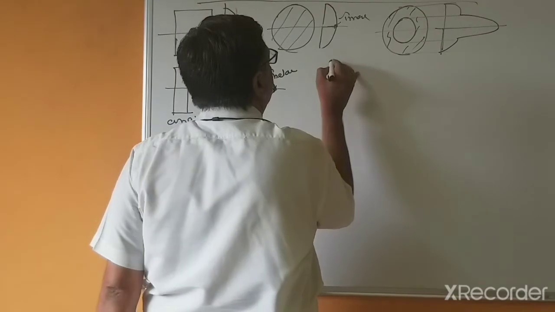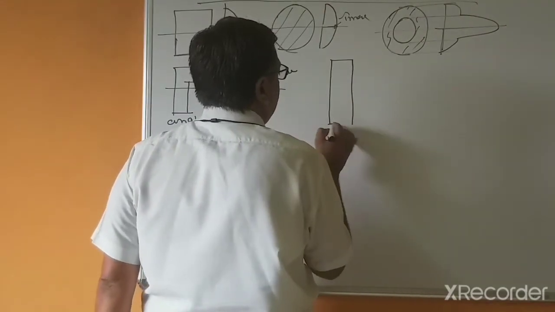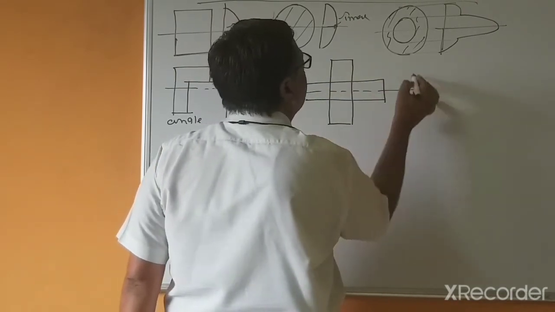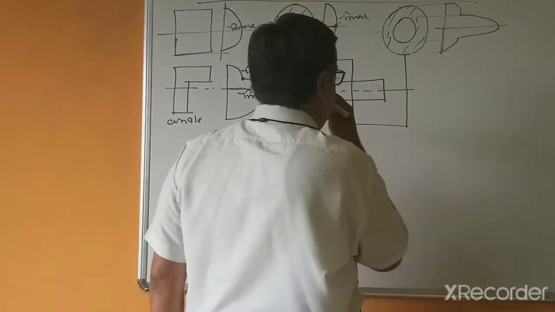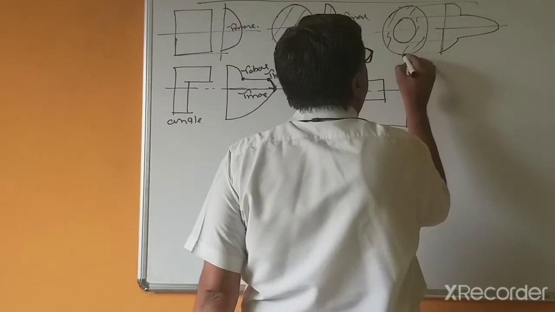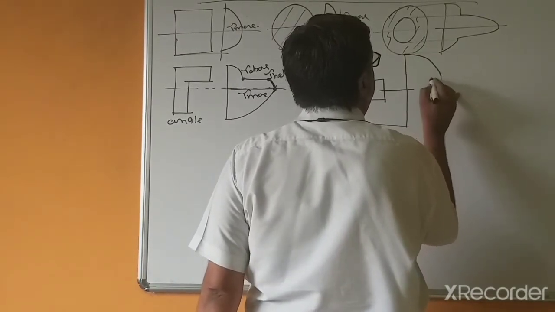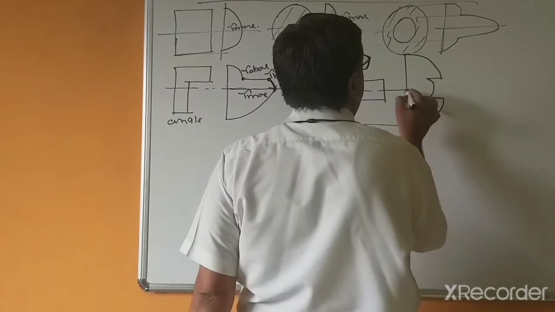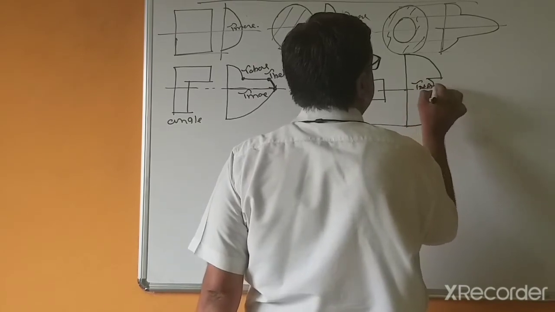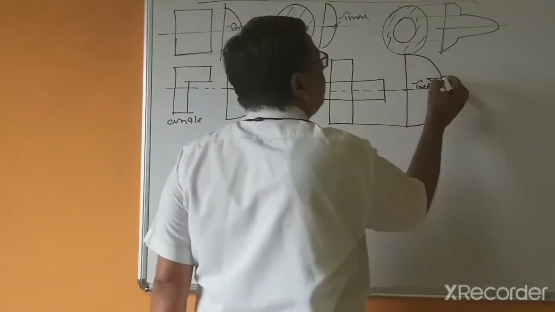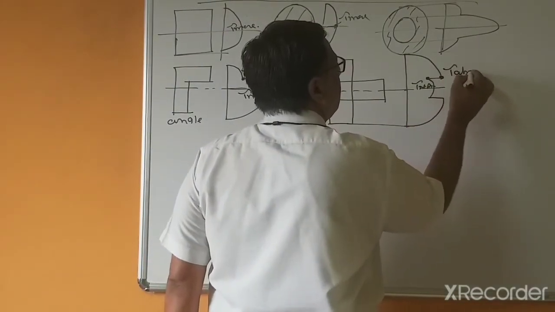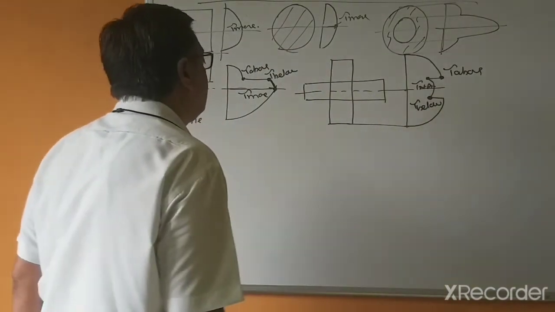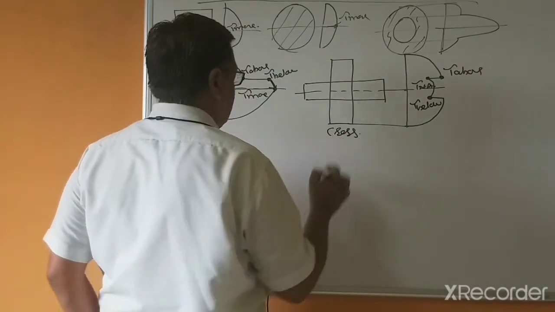For cross, so this is about, you can say this is about neutral axis, and this is above, and this is below. This is called cross.